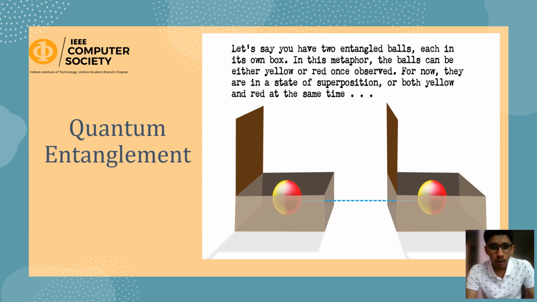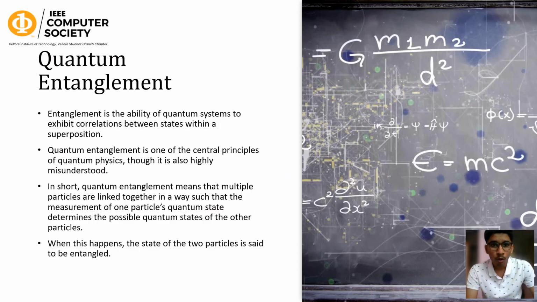Now, to understand more, quantum entanglement is associated with one of the famous scientists, Schrödinger. Schrödinger had a cat experiment that I'll also share with you in the very next slide. What is quantum entanglement basically? It is the ability of a quantum system to establish a relation between two states in a superposition.